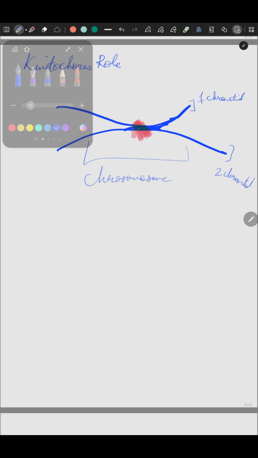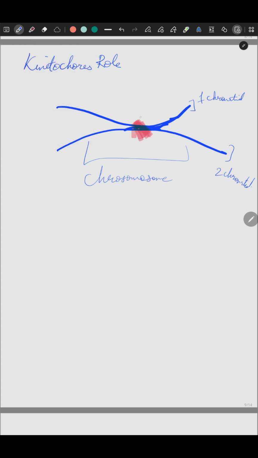At this point I have marked in red, the centromere is located, a point where the two chromatids are attached to each other. There, a special type of structure is formed on both chromatids. We term it the kinetochore. It is formed of proteins.